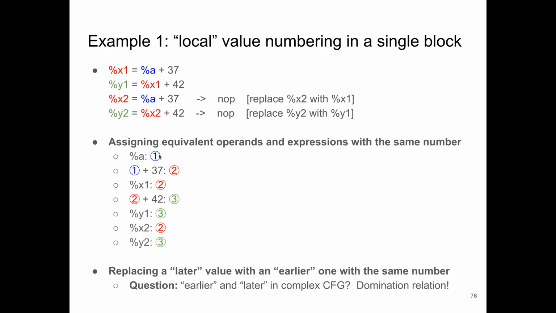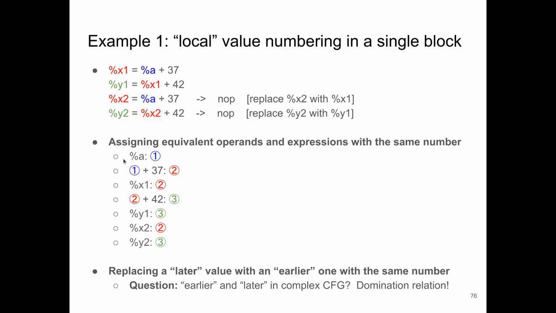Let's say that the circled numbers are all numbers, and these plain numbers are all constants. So these are expressions, and the circled numbers are numbers. We are going to assign numbers to each expression, which can be a constant, a register, or some computation.